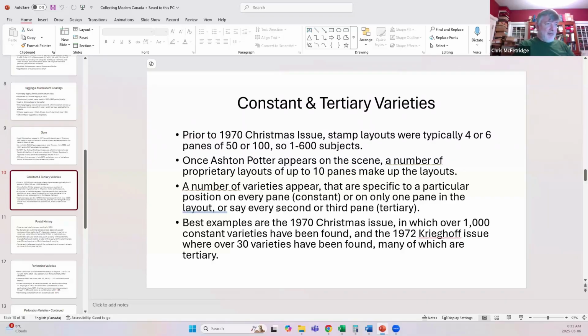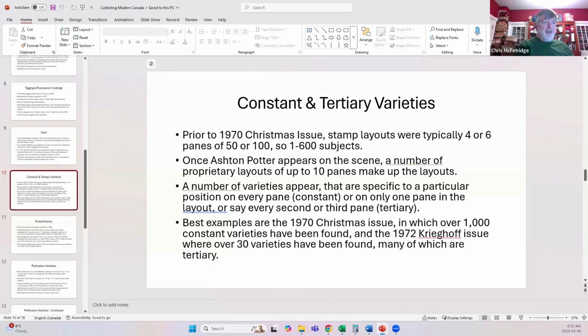The best example, or the most extreme example, of flaws and constant flaws is the 1970 Christmas issue, in which specialists have identified over 1,000 constant varieties. Now, most of those are extremely small and extremely minor.